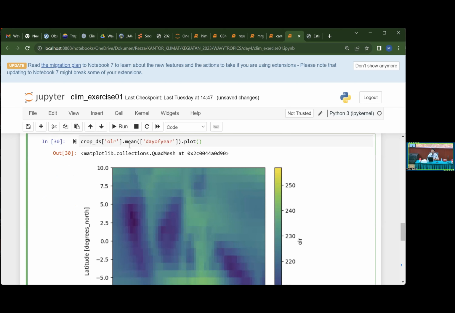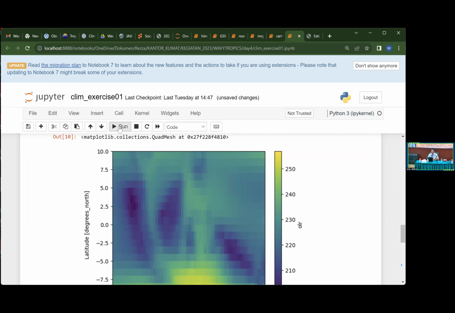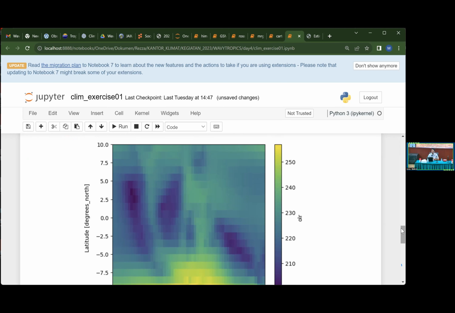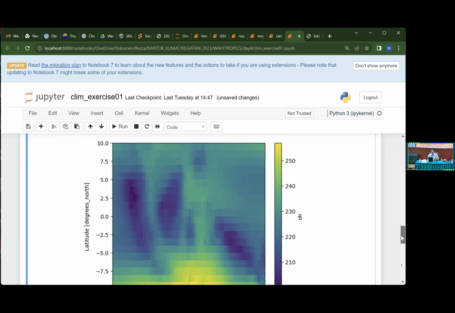You can also average over the whole year, for instance, and you see this. Because I cropped the Indonesia region, the maritime continent, you can see some marks of the islands on this graph. Yeah, this is Sumatra, Kalimantan, Sulawesi, and Papua here. Okay, so this is the OLR.